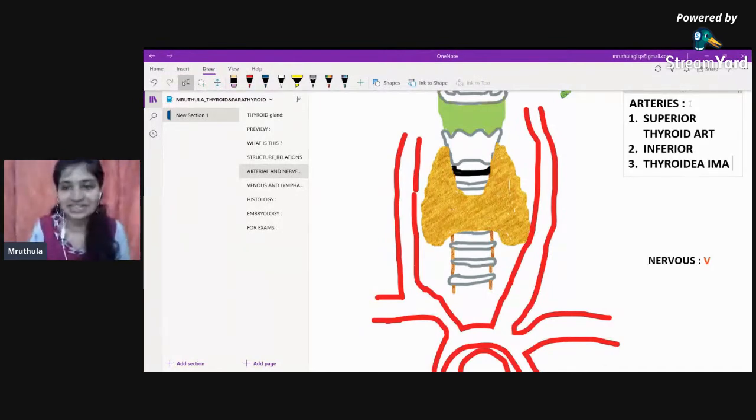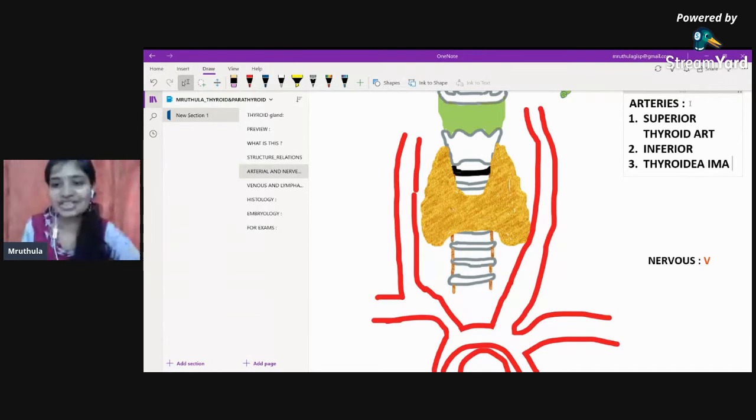The name is quite peculiar, right? It is not found in everyone, only in about 30% of the general population. So first is the superior thyroid artery, second the inferior, third the thyroidea ima. Let us locate them in the diagram.